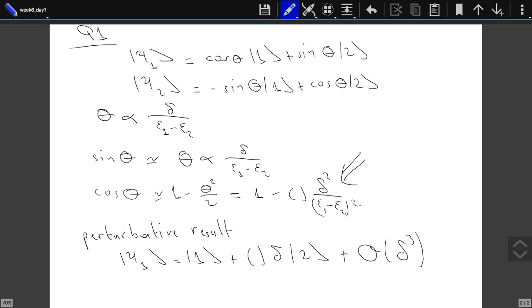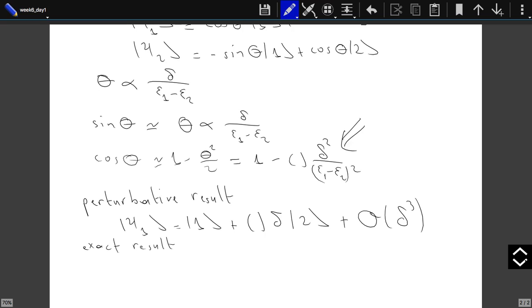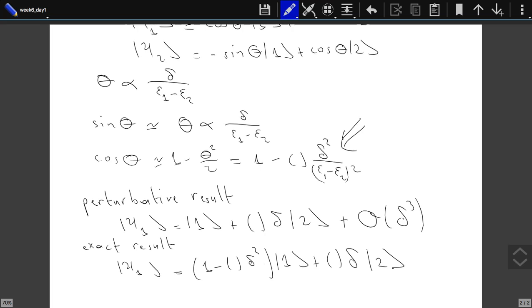This is the result of perturbation theory. Now, in the exact result, up to delta squared corrections, psi 1 is equal to 1 minus some factor delta squared, times 1 plus delta, plus terms of the order of delta cube.